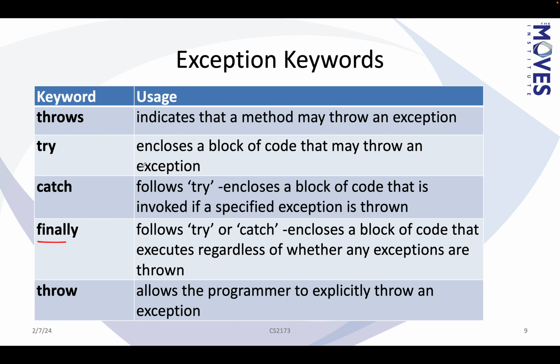So what finally does, I'll show you in the little example. The principle is that if we leave a file open, it's possible it could be corrupted if our program crashes unexpectedly. So it's not a good thing to leave files open, and we want to make sure we close it.